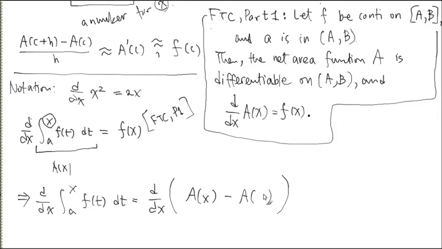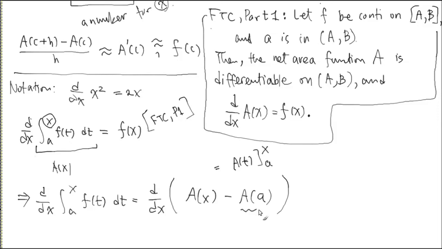Second input? a. Part 2. We can do a little bit better. So this is the same as A(t) evaluated from a to x, which is the same thing, but expanded this way.